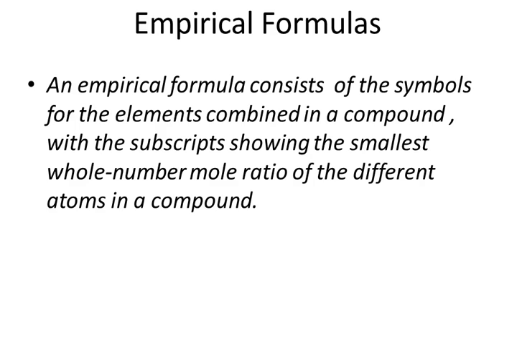Empirical formulas consist of the symbols for the elements combined in a ratio that gives the subscripts, showing the smallest whole number mole ratio of the different atoms of the compound.